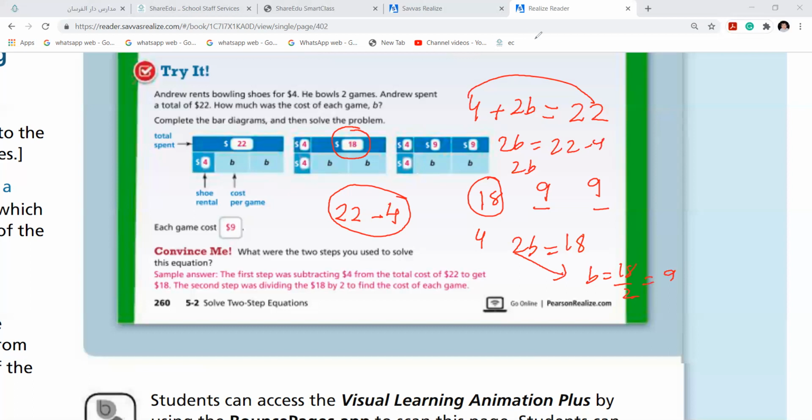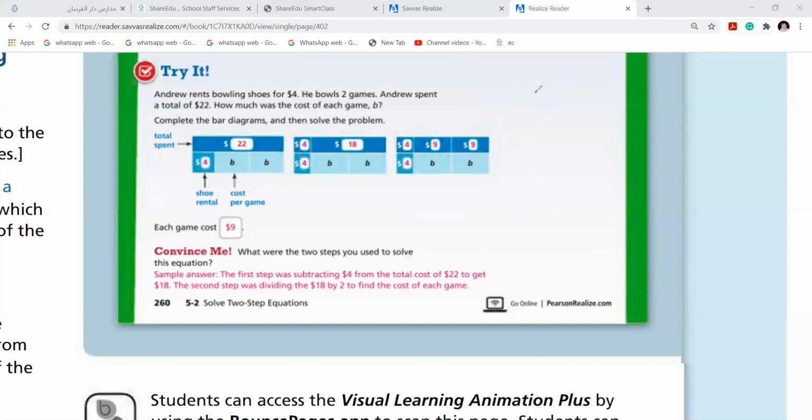Girls, I'm sure you're getting confused. Again, the rent is 4, there are 2 games, and every game costs B dollars. The total you got is 22. So when 4 goes to the other side, the plus becomes minus. Leave 2B here and this goes to the other side and becomes 4.